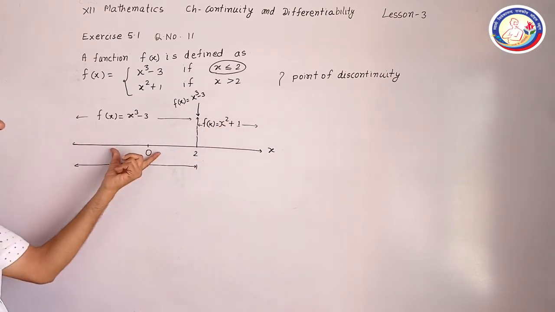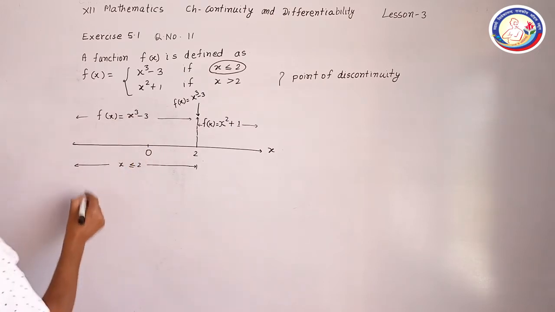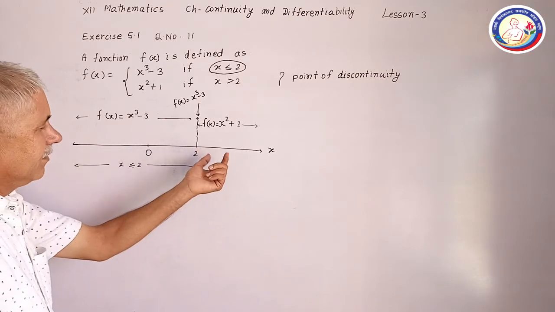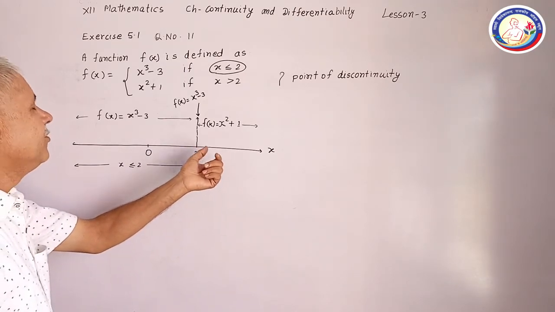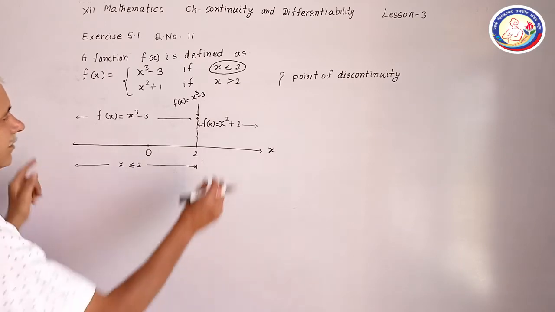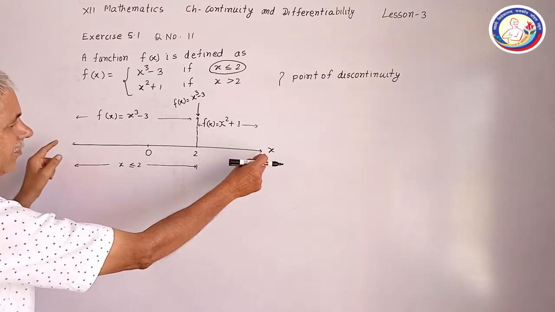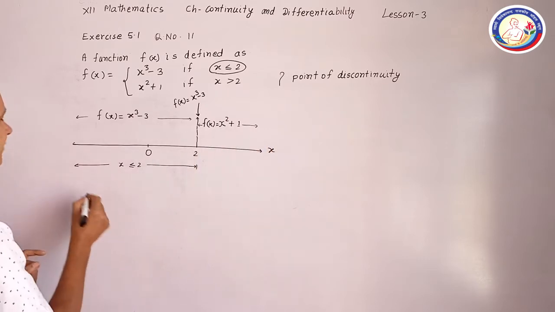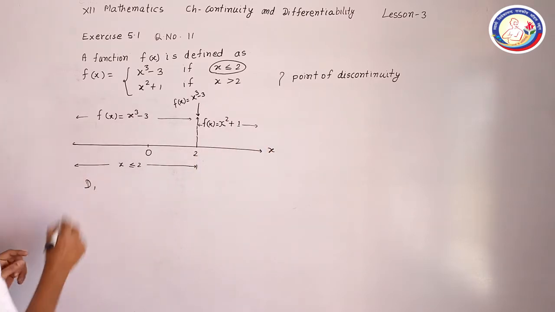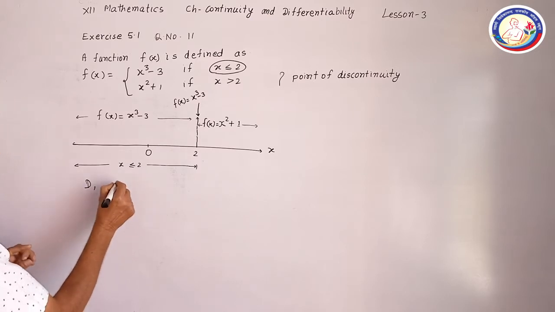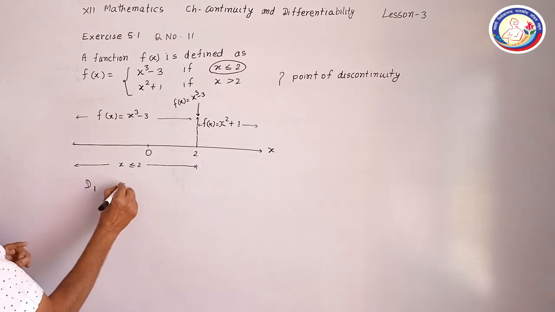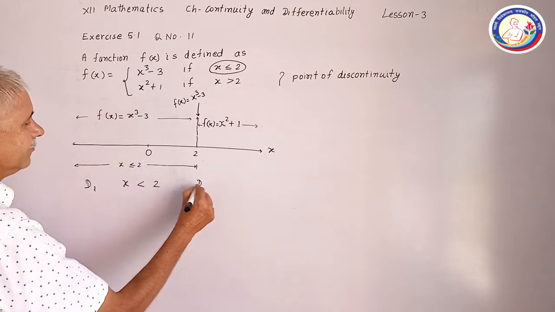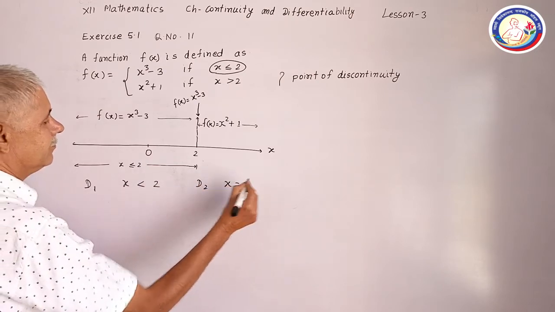So consider a point c here. We can divide the whole set of values of x into 3 parts. First, d1, where x is less than 2. Second, d2, where x equal to 2.